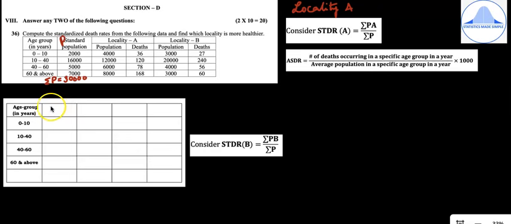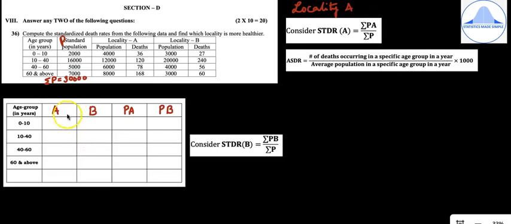Now here I will form the column A, which stands for ASDR of locality A. Similarly, the next column is B, and B stands for the ASDRs for locality B, and then the next two columns will be PA and PB.